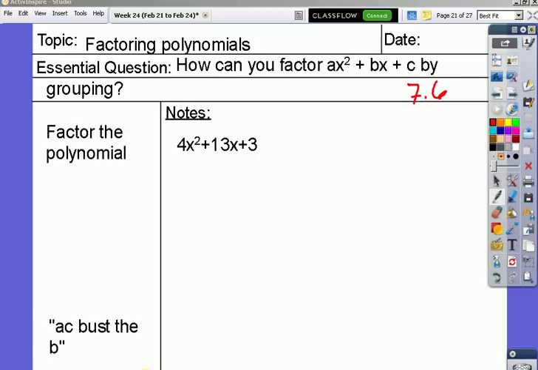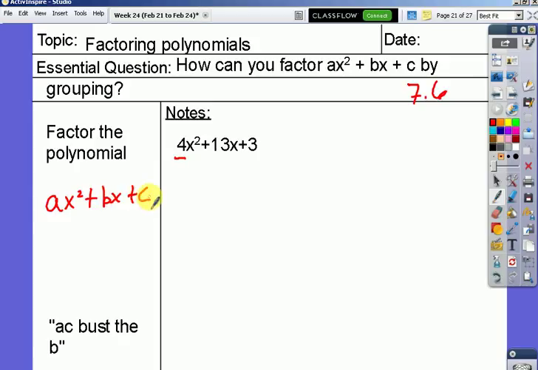And the first thing you ask yourself is, well, can I factor out a GCF? And can you? No. There's nothing that you can factor out with a 4 and a 13 and a 3. This is what you do, okay? Because you have an a value, that leading coefficient, because our general form is ax squared plus bx plus c.